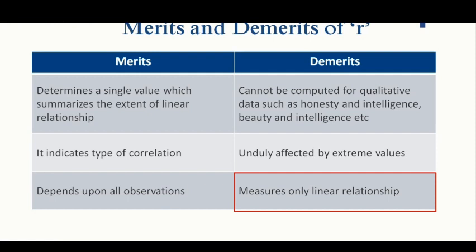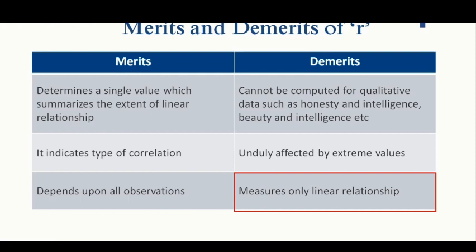See, for example, if you are giving a drug to a patient and the amount of drug starts from 5 mg, 10 mg to 15 mg, 20 mg like that, then you get a better and better response up to a certain point. But if the drug is given in excess, then the response could be lesser and lesser. So there isn't a kind of linear relationship.